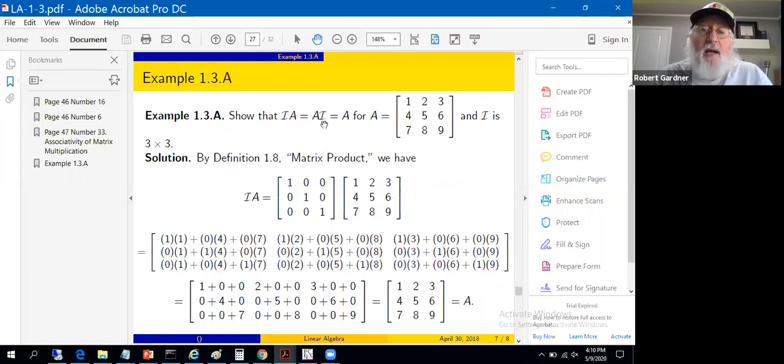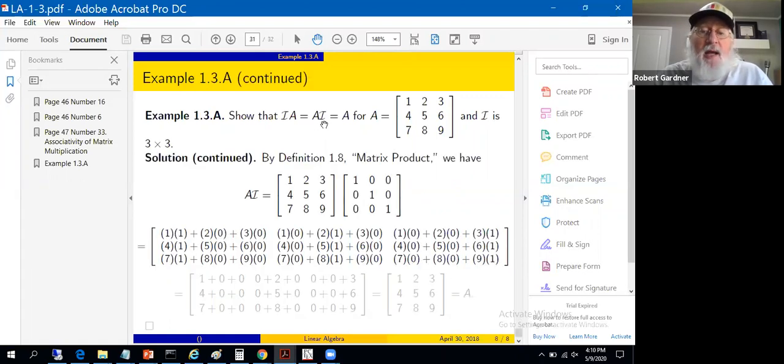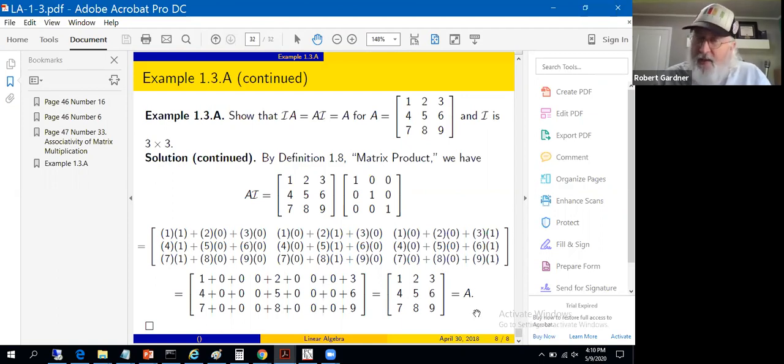Let's take A times I. A times I, well, let's not get into it in great depth. It works on that side as well. You take A times I, you do first row, first column, picks off the 1 and loses the other stuff. First row, second column, it'll pick off the 2 in the second position and lose the other stuff because of the zeros.